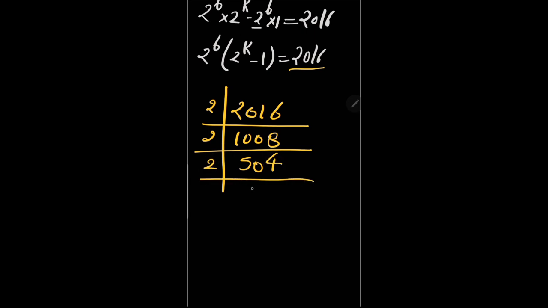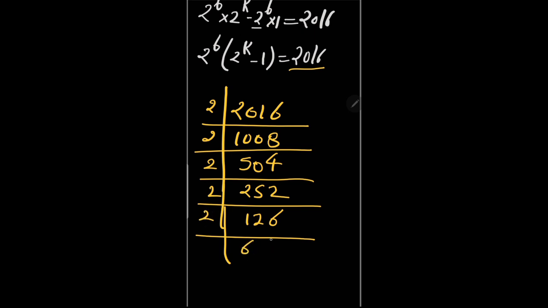Then divide by 2, the result is 252. Then again divide by 2, the result is 126. Again divide by 2, we get 63. So 2 appears 5 times.